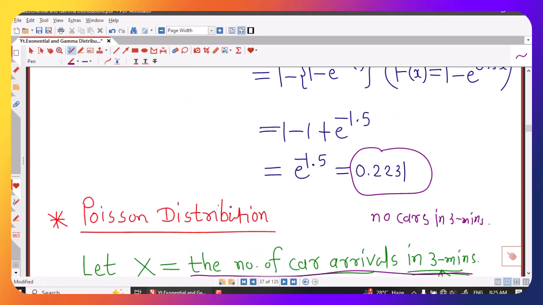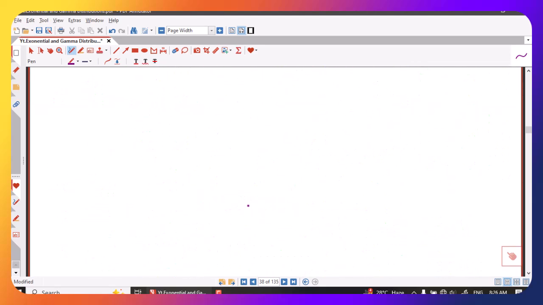So what we have understood here is that if we are interested in the probability of no events in some interval, here we have a 3-minute interval.